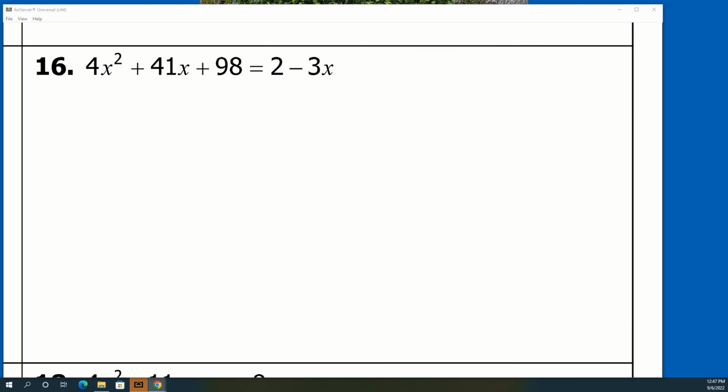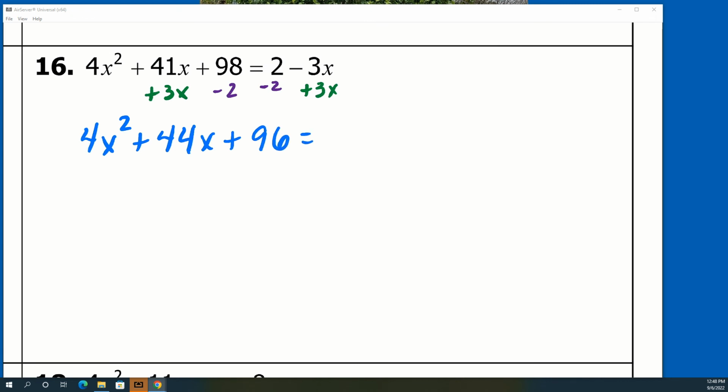Okay, so this one, I'm going to go ahead and get everything on one side by subtracting 2 from itself and its like term, adding 3x to itself and like term. So because the 3x was negative, I need to do the addition. All right, so this ends up being 4x squared plus 44x plus 96 equals 0.